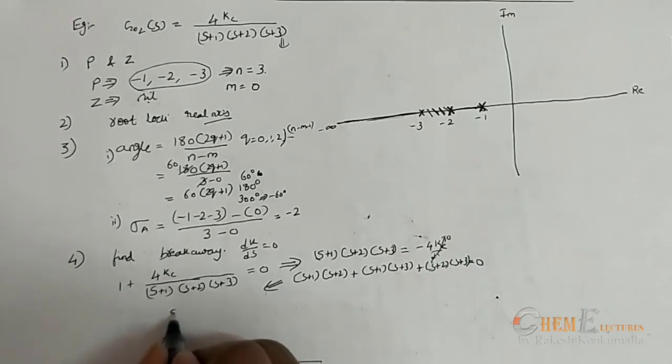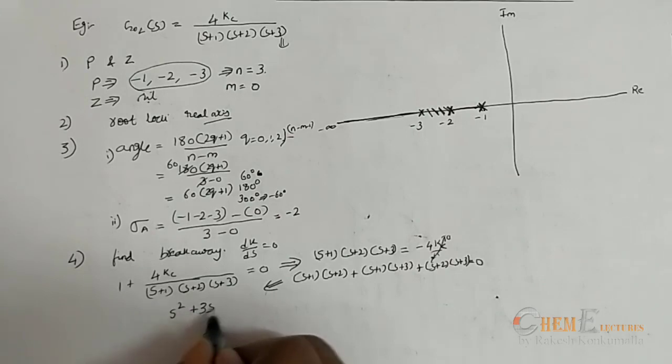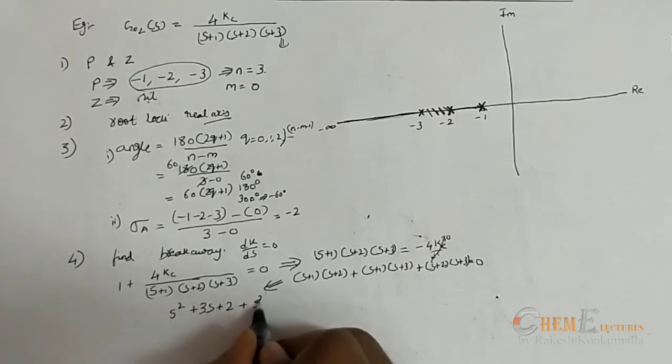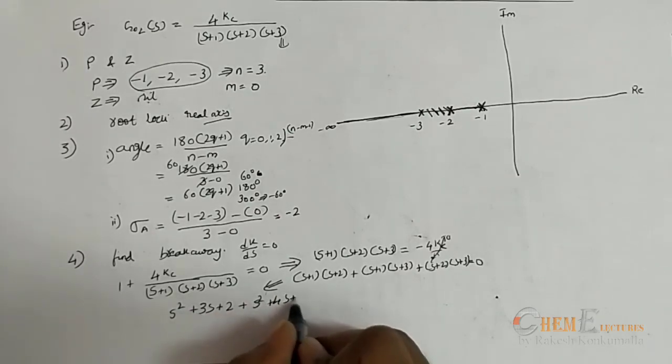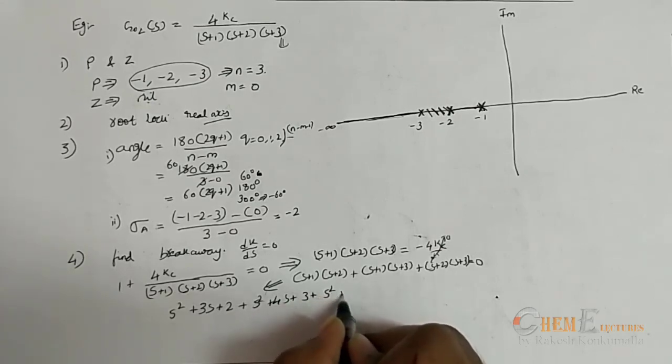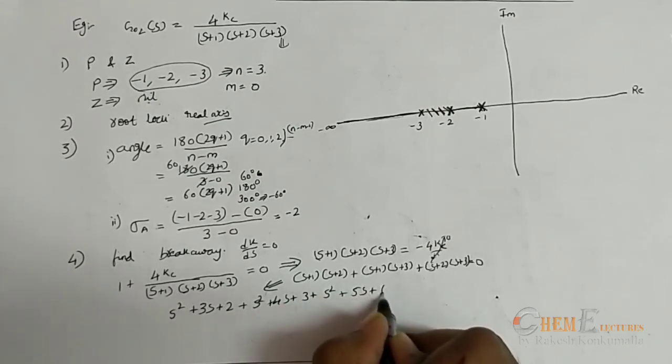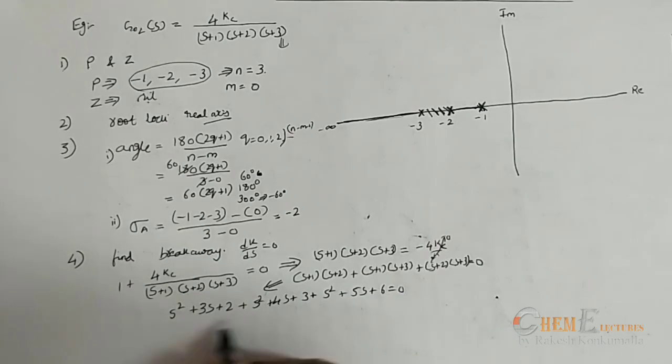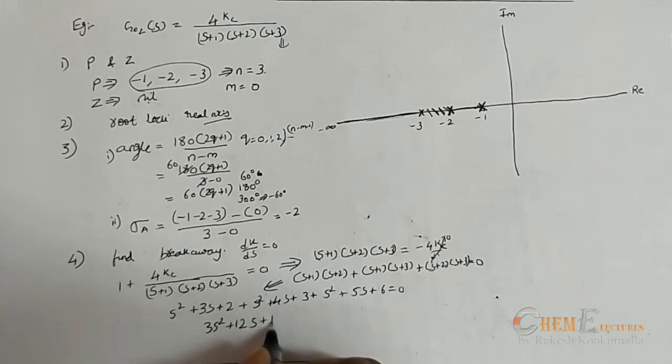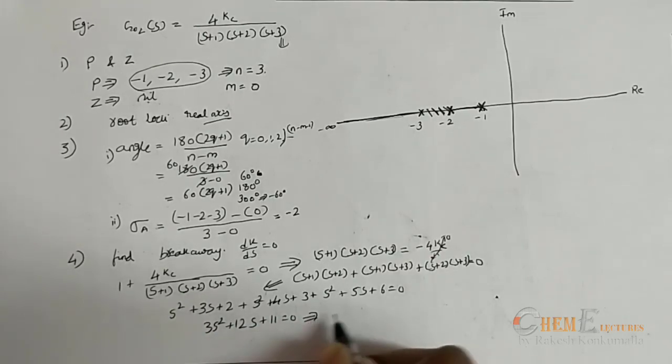Again simplifying it, s square plus 3s plus 2 plus s square plus 4s plus 3 plus s square plus 5s plus 6 will be equal to 0. By adding all the like terms, I will get 3s square plus 12s plus 11 equal to 0, where the roots after finding will be minus 1.42 and minus 2.57.